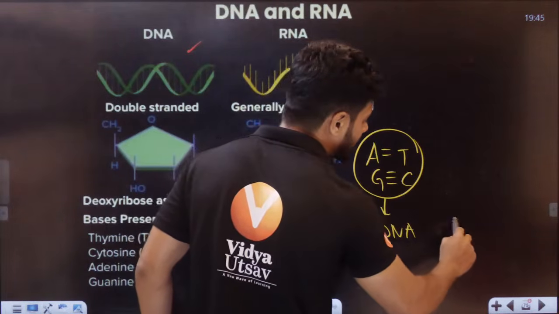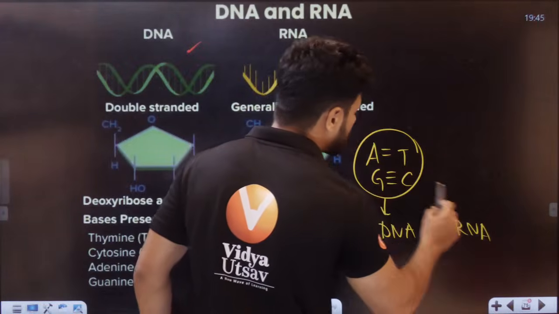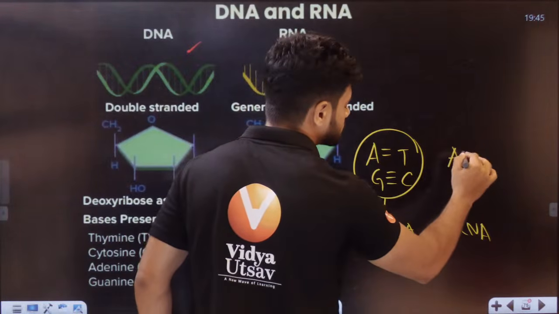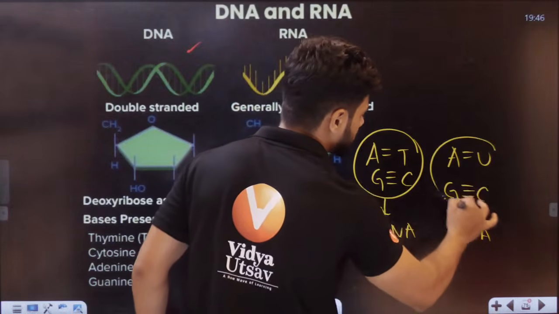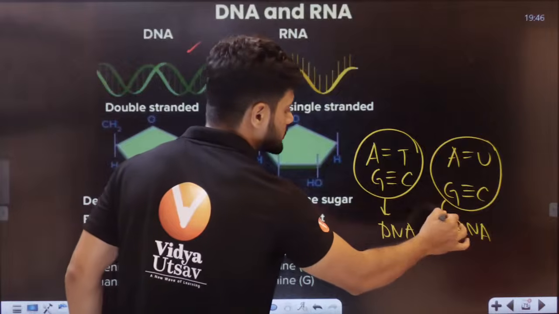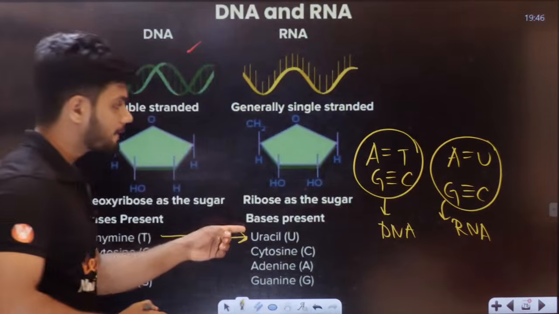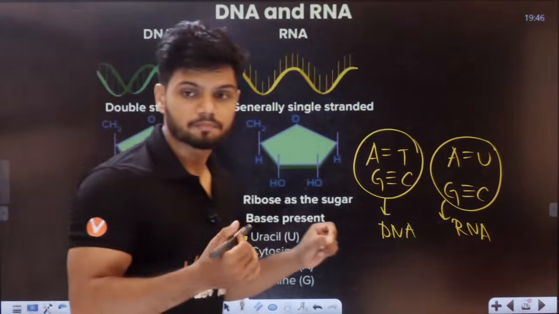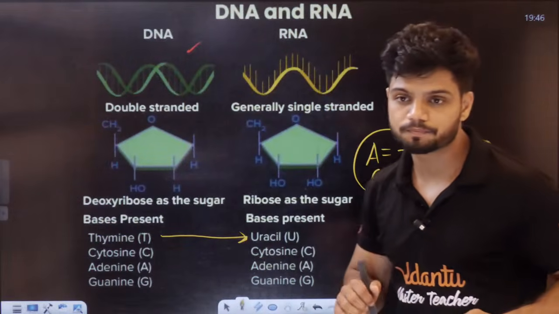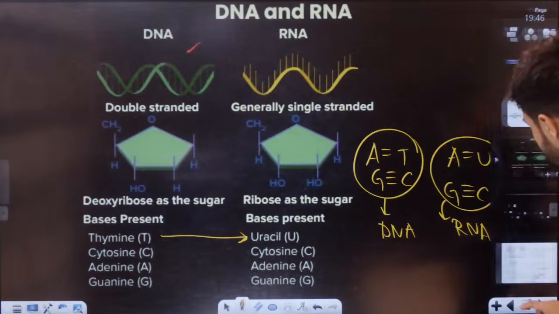In the case of RNA, it is AUGC, because thymine is replaced by uracil.